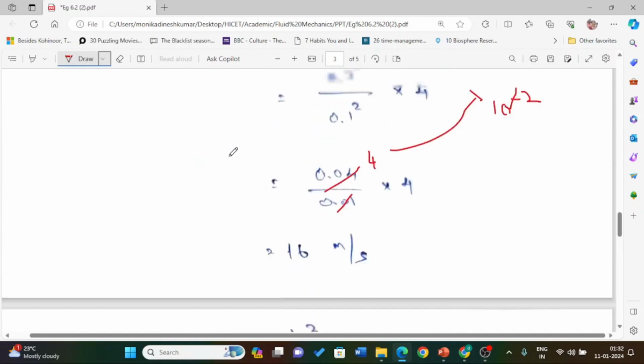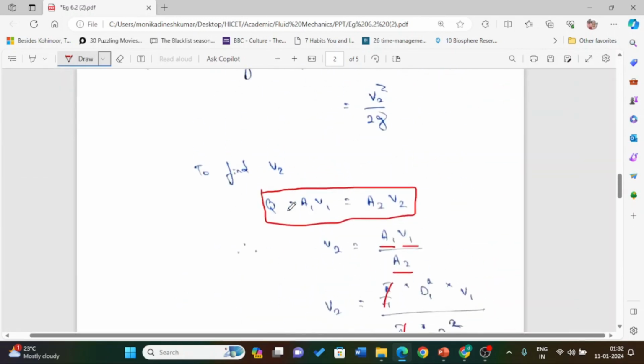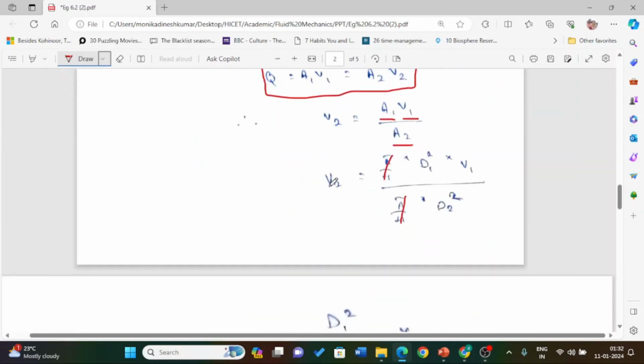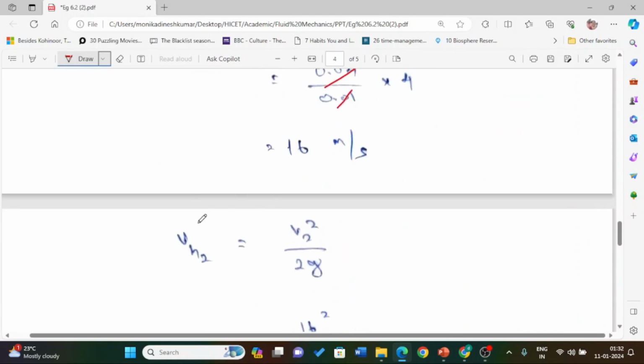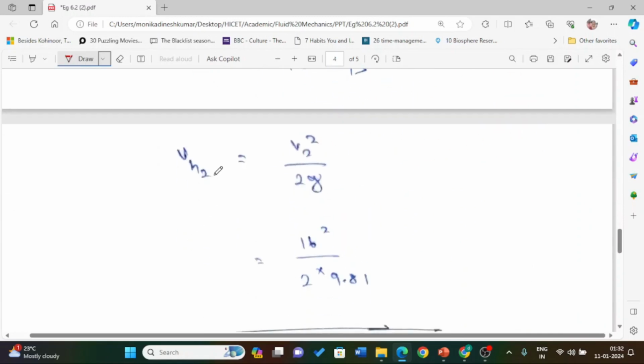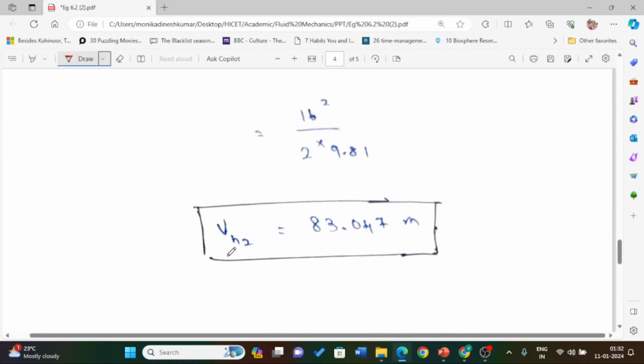Since we found the velocity at cross section 2, we can find the velocity head at cross section 2. Again the same formula: v2 square divided by 2g, that is 16 square divided by 2 into 9.81. So the velocity head will be 83.047 meter.